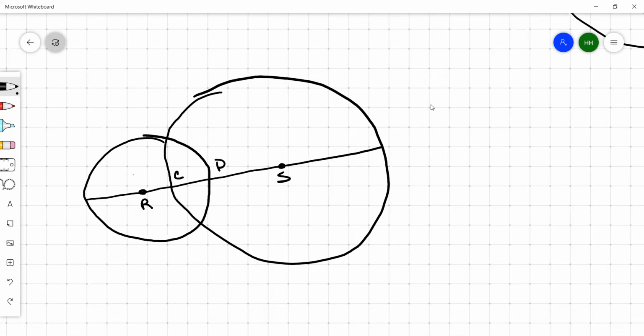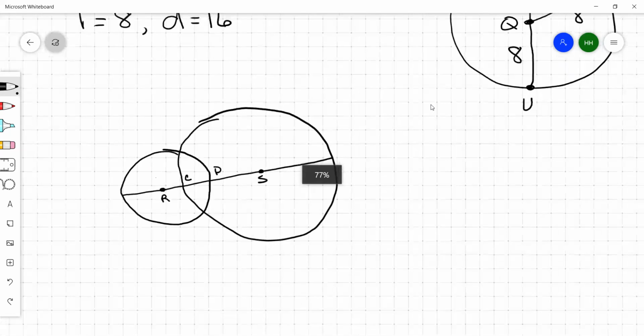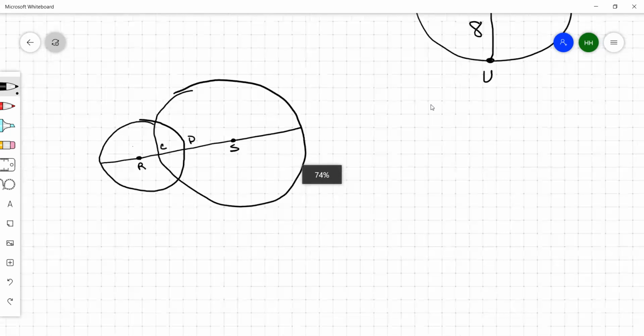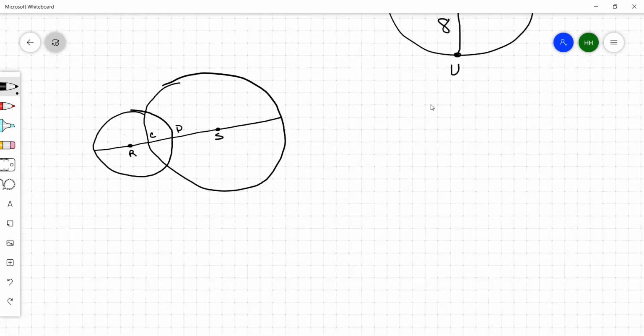Let's see. And you're told the diameter of circle S is 30.